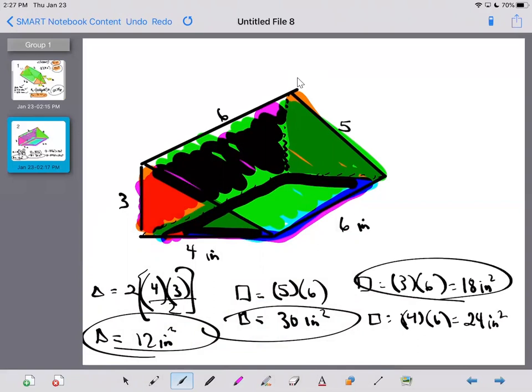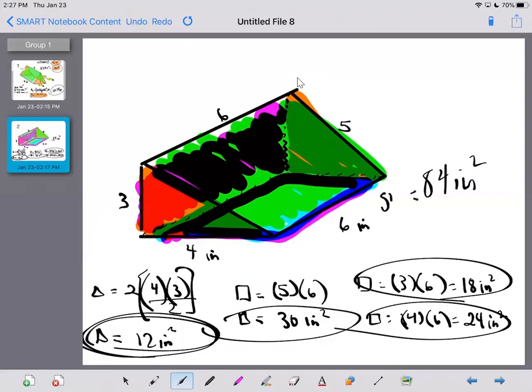So I need to add up all of those pieces. I know you're only seeing 4 of them circled, but remember the 12 square inches was taking up 2 triangles. So we're going to have 30 plus 12 plus 18 plus 24, which should give me 84 square inches as the surface area.